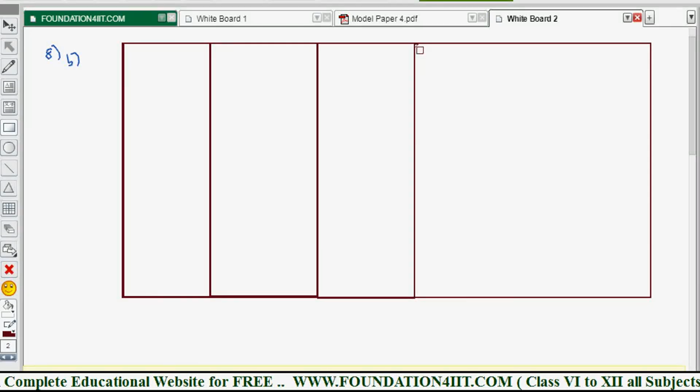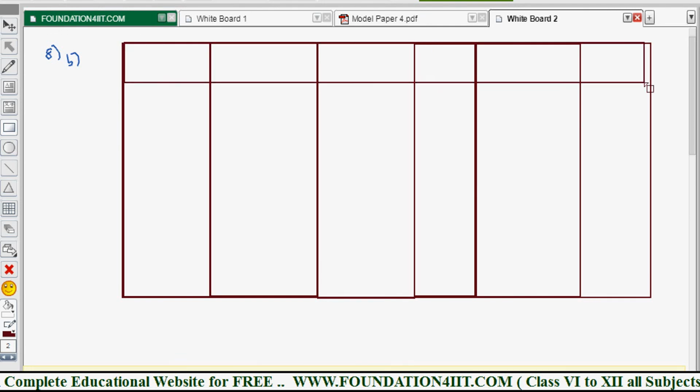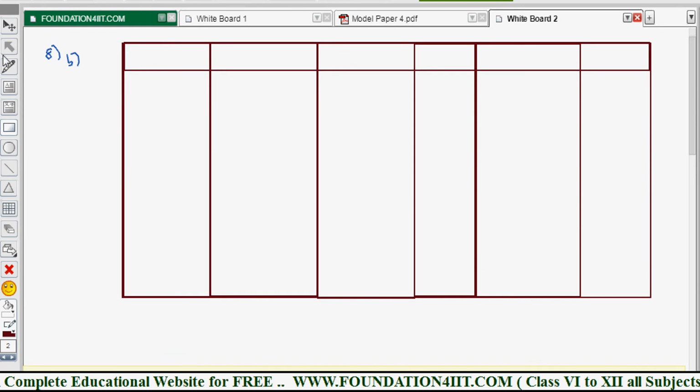So we need xi, one column, and the first 3 columns from the question, and we need ui and fi ui. So let me take the data. So this is the table for this. First one is age in years.